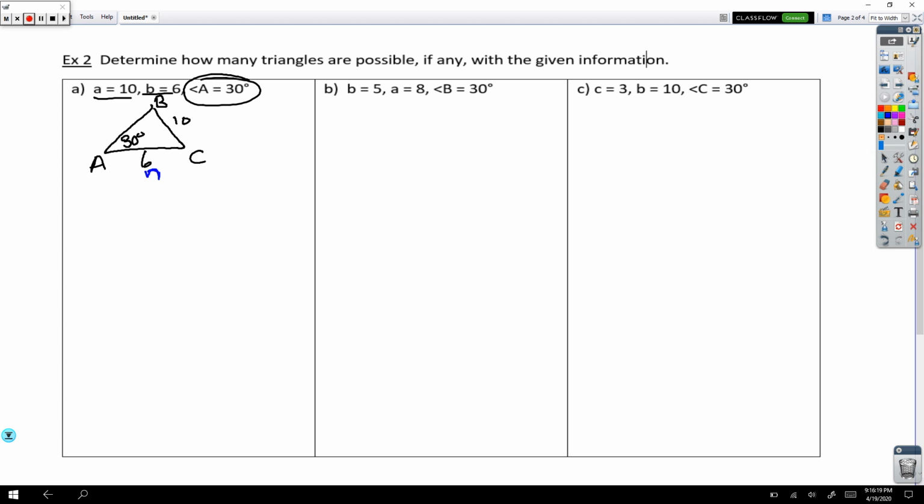So this is my n, okay? The opposite side would be the 10. So let's find my height. So h equals n sine of whatever my angle is. So plugging everything in, we would have 6 sine of 30. So h would be 3.